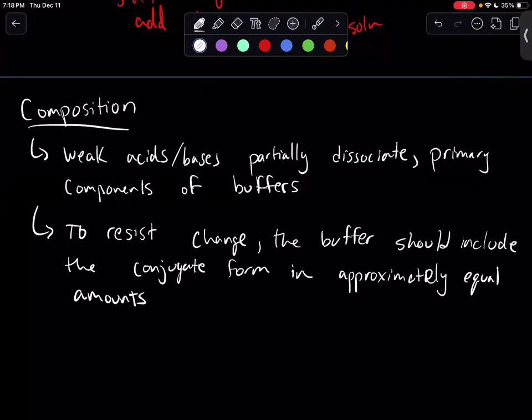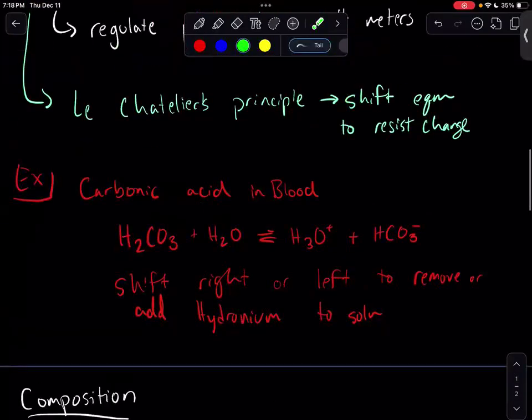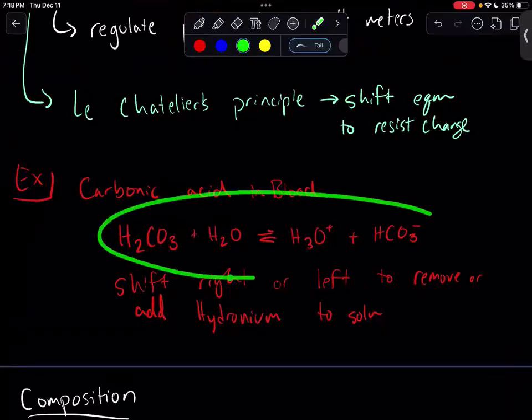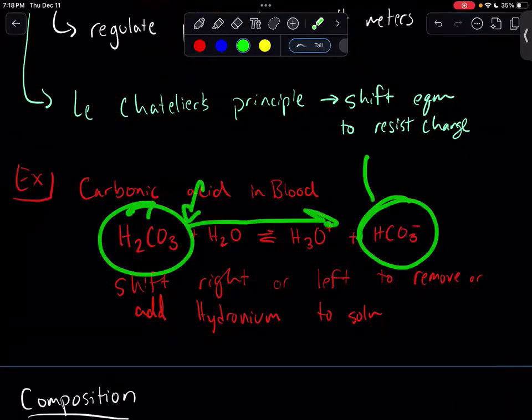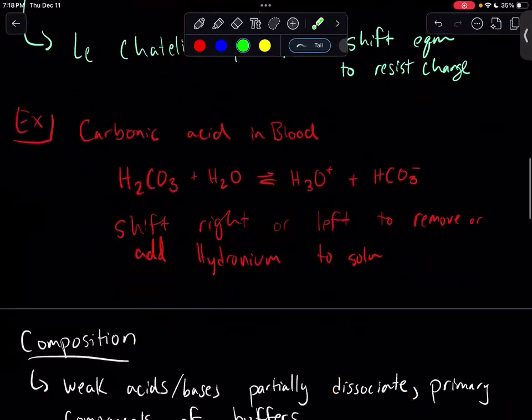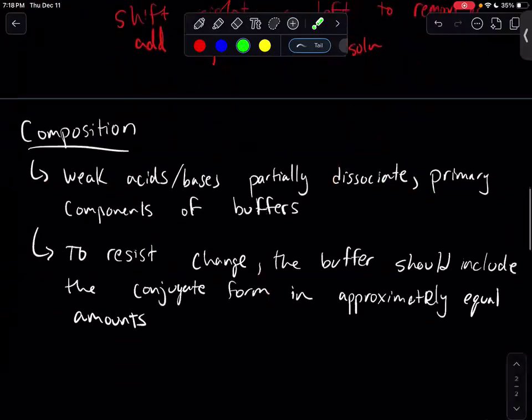So what do I actually mean about this? Well, when we look at our blood, what this means is to be a good buffer, we should have pretty equal amounts of both forms. So as we add more of one, we can shift over, and as we add more of the other, we can shift back. If we don't have equal amounts, then that balance isn't well realized. We actually discussed this back in titrations, and we'll come back to it in a little.